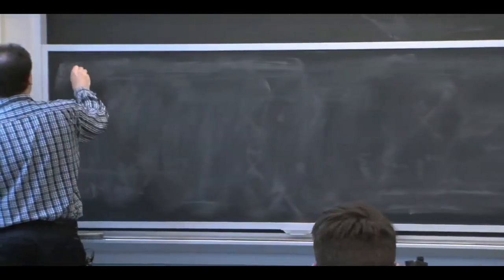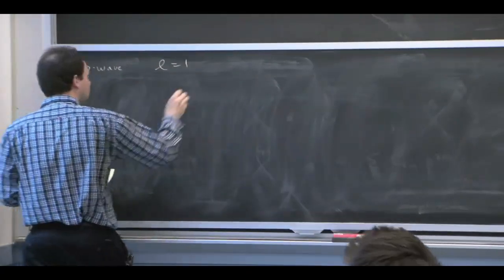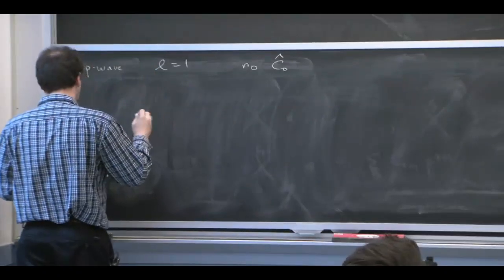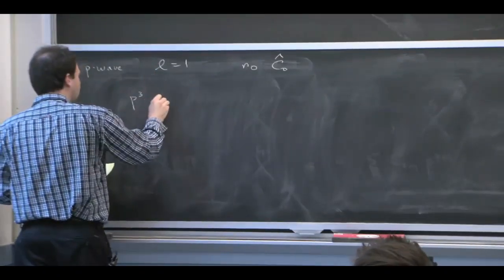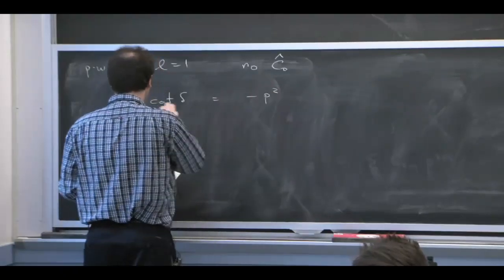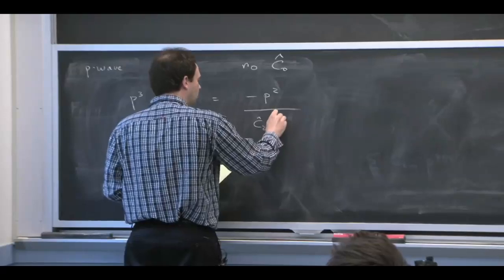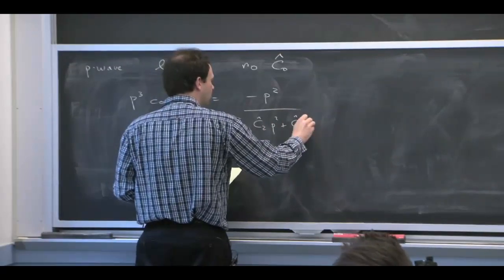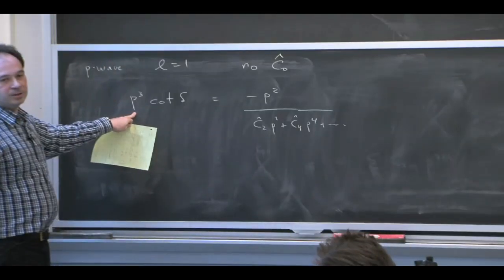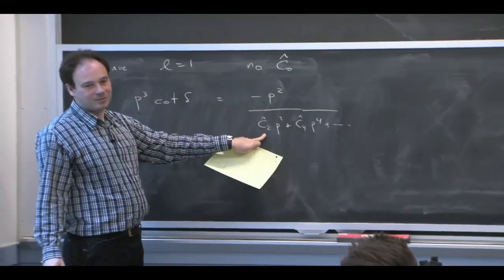Let me just do one more wave just so you see L equals 1. In the L equals 1 case, there's no C0 hat. You need the derivatives to correspond to the wave. And so in this case, if you look at p cubed cotangent delta, the denominator starts at C2. And the reason why there was this p to the 2l plus 1 is just so that you get the extra p here, which compensates the p's downstairs.